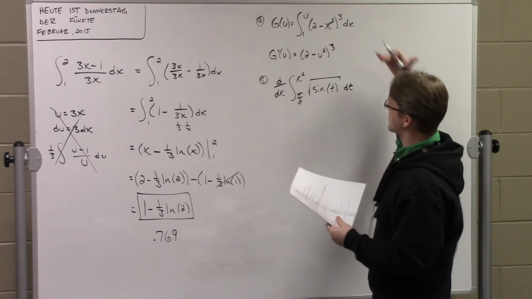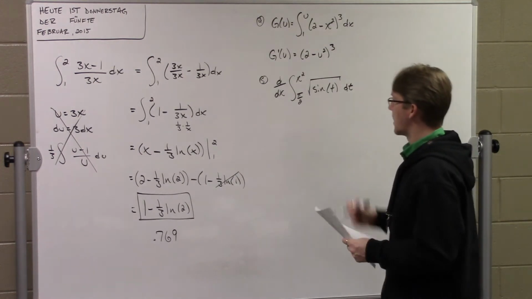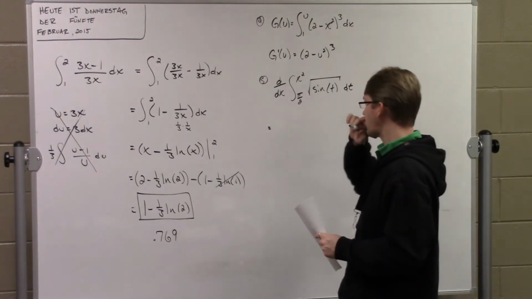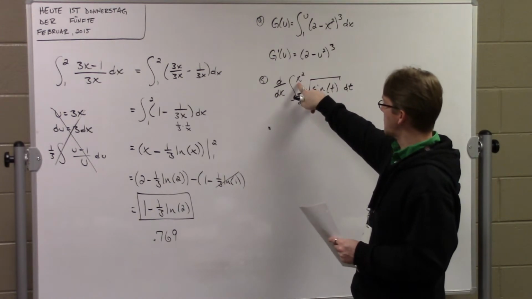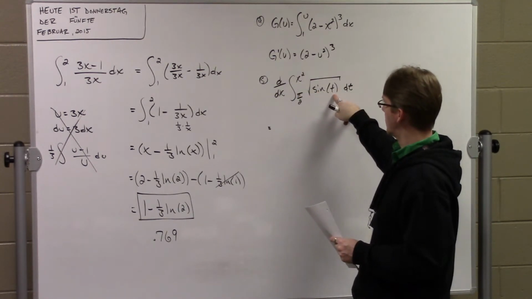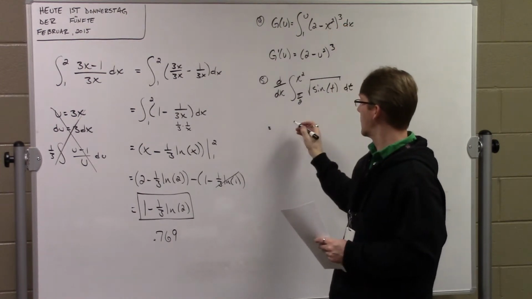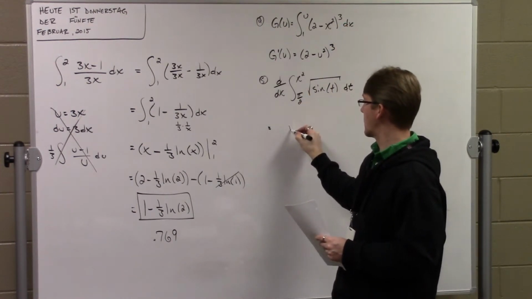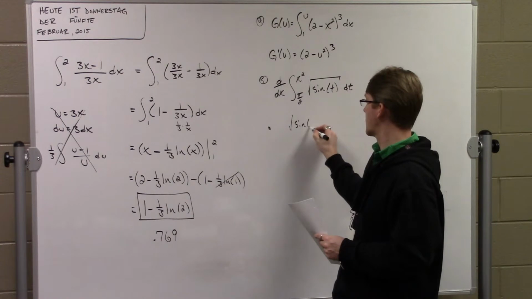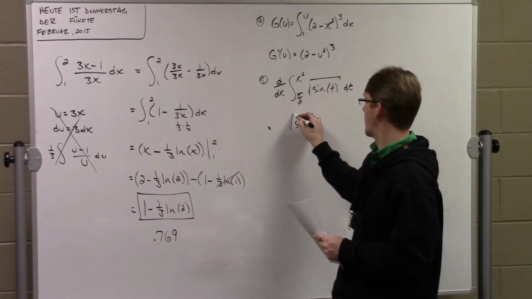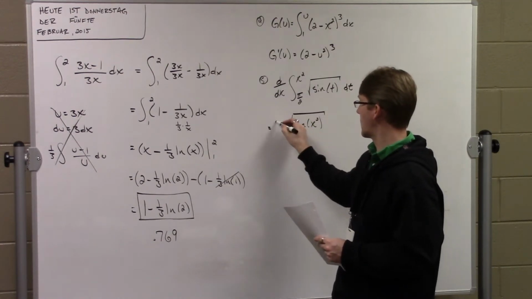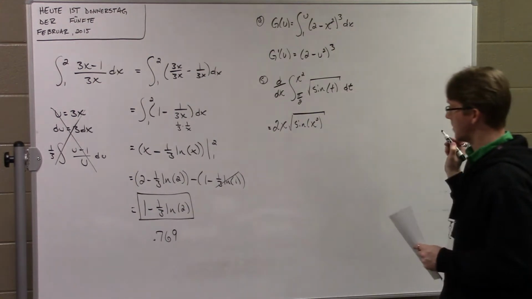And I will reference the last one. We do technically chain it. Here's what happens. You first plug this number in, like we did here, and then you chain it. So we're going to stick an x squared in and get the square root of sine of x squared. Then we're going to chain it and get an extra 2x.